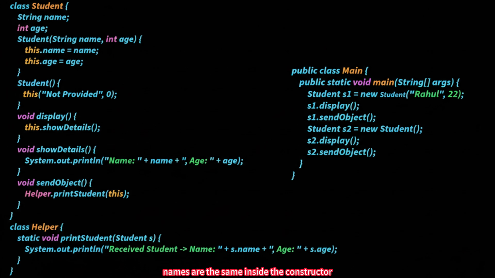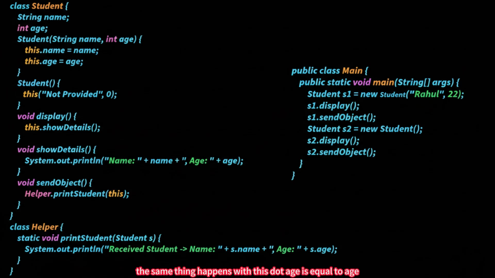Inside the constructor, when we write this.name = name, what Java understands is this.name refers to the instance variable of the current object. Name on the right side refers to the parameter passed to the constructor. So this line means assign the parameter value to the current object's variable.